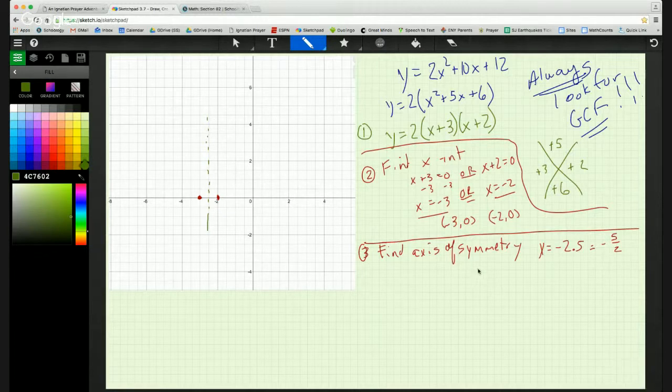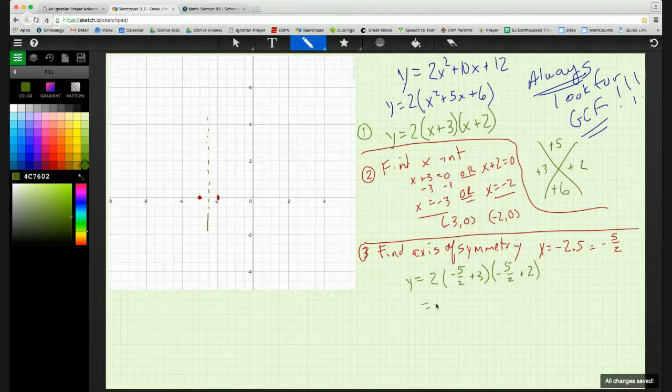And then we need to plug in this -5/2, and we need to see where our vertex is. So we're going to say y is equal to, we need to go back to our original formula, and we say, well, y is equal to 2 times (-5/2 plus 3) times (-5/2 plus 2).